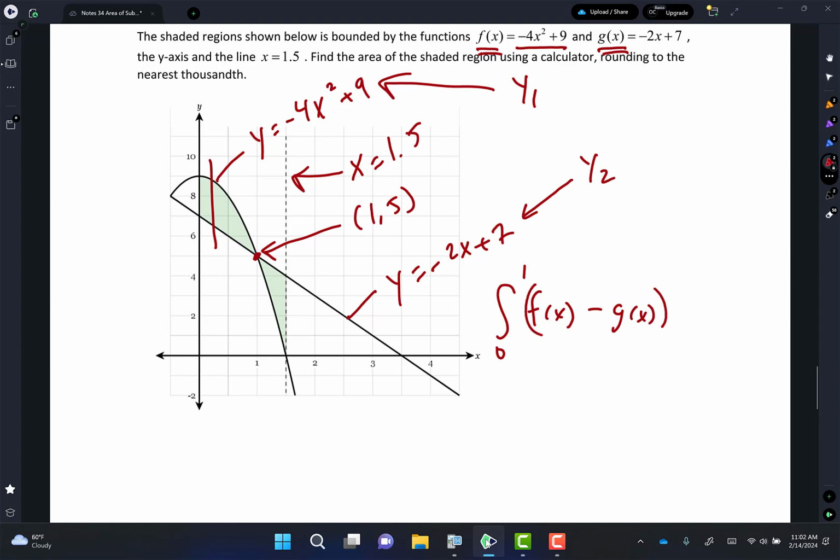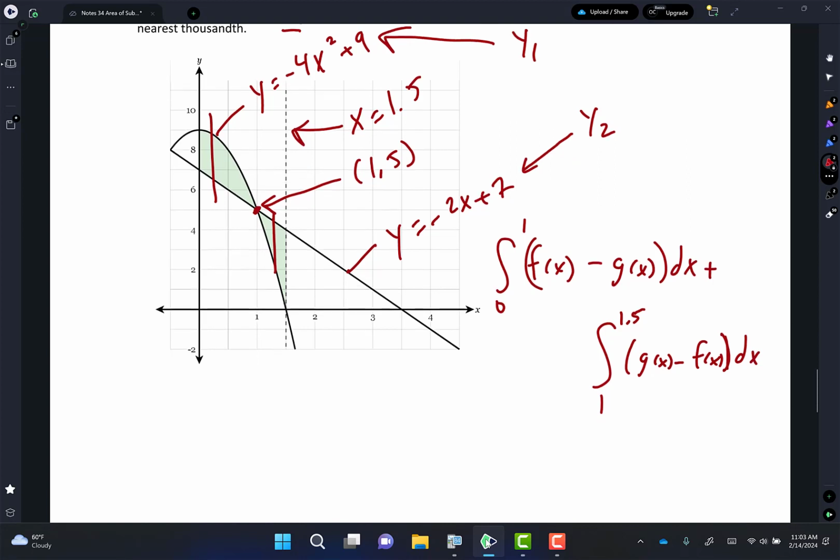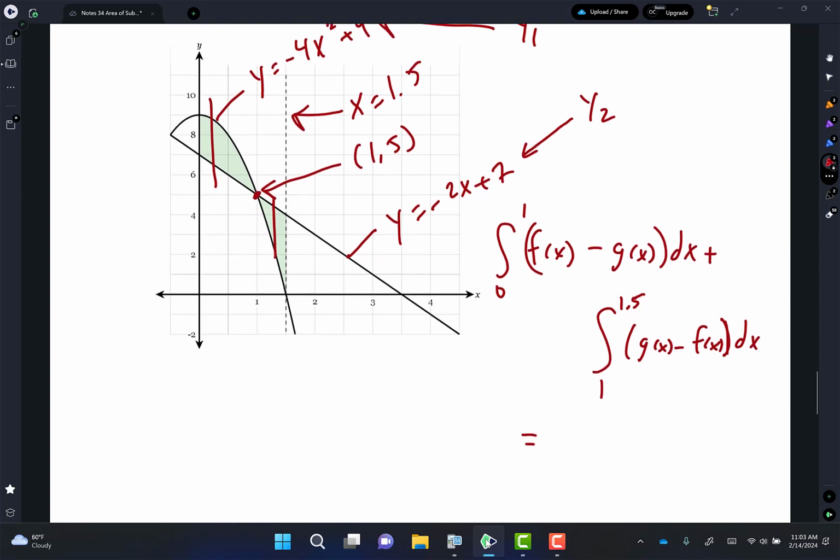And then close it with a dx, plus another integral from 1 all the way to, what is that dashed line? 1.5. Now what curve's on top? G of x minus f of x dx. And let's see what that is.